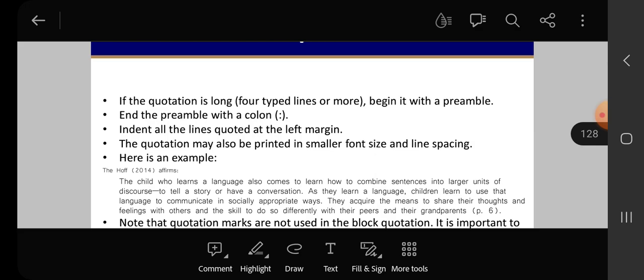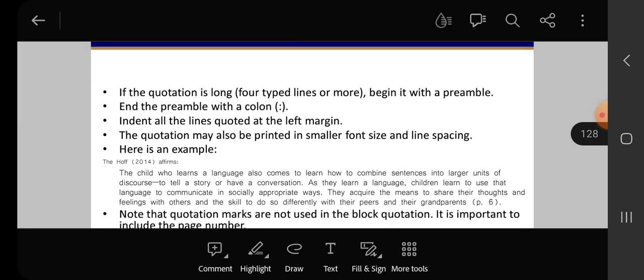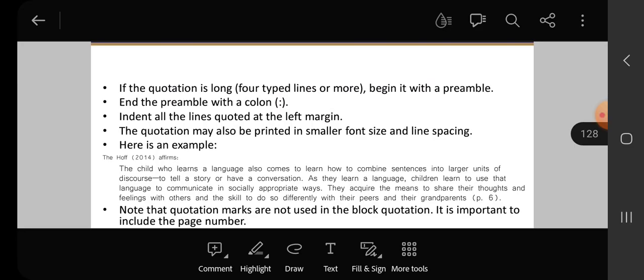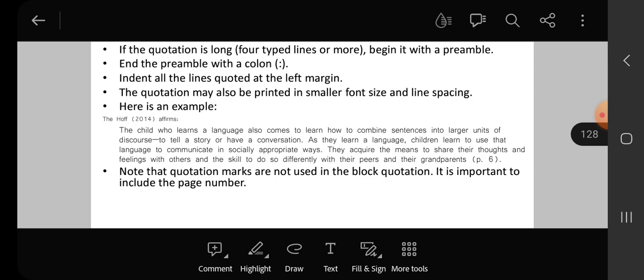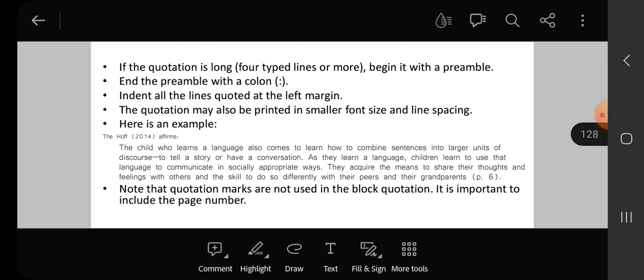When you talk of preamble, even in books like the Constitutions and these rules, they give you some key information about what the book is about. So that is all about the preamble that we are talking about. And also end the preamble with a colon. And then indent all the lines quoted at the left margin.